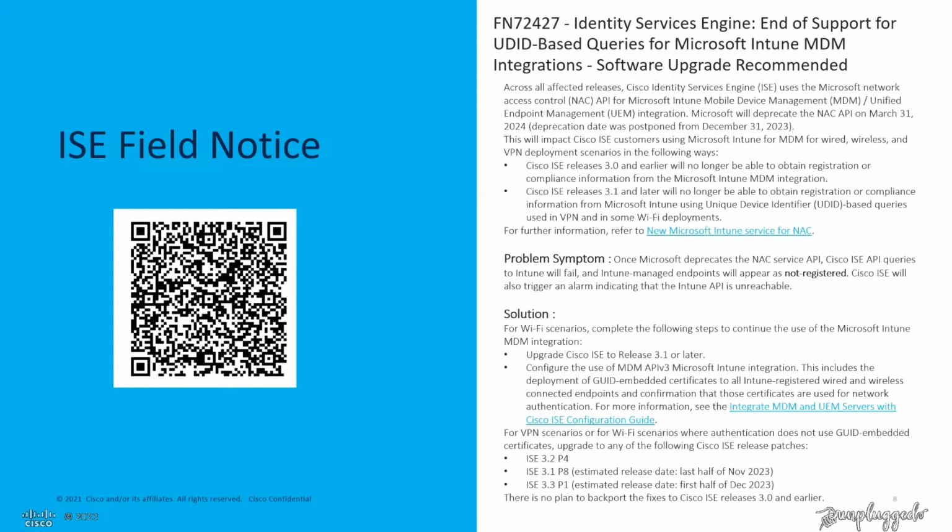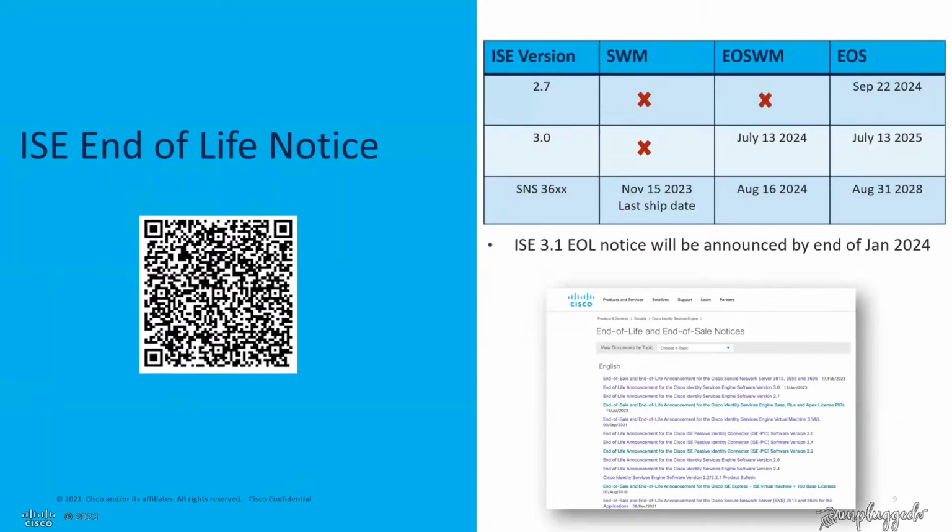We were able to get them to extend the support of that, but coming very soon we will have to move off of that and move to the version 3 API. When that happens, you just need to make sure you're on 3.1 latest patch, 3.1 patch 8, or 3.2 patch 4 and above to be able to continue. If you're not using it, it's not going to affect you.